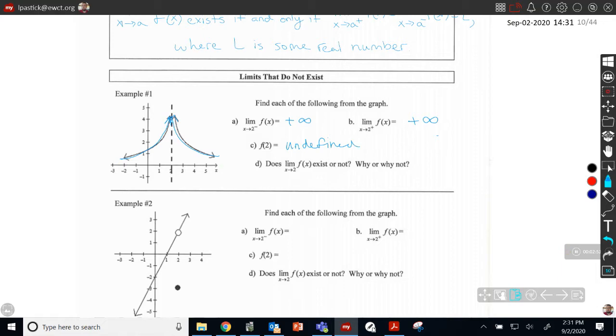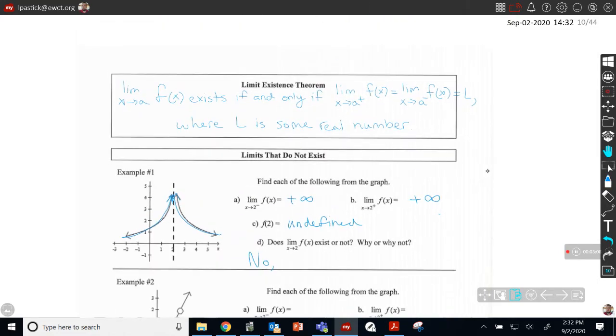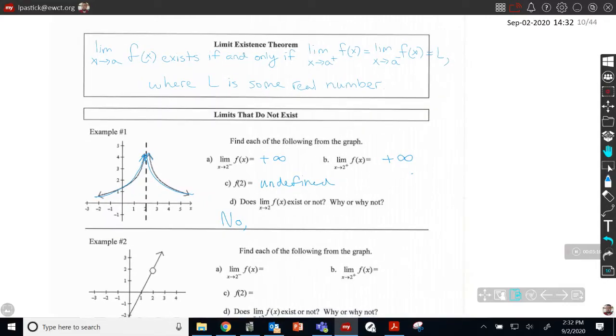Question in the end, does the limit as x approaches 2 of f of x exist? Why or why not? The answer is no. The reason is because if you go back to the limit existence theorem, which we had up top here, it says the limit only exists if both sides approach the same thing.